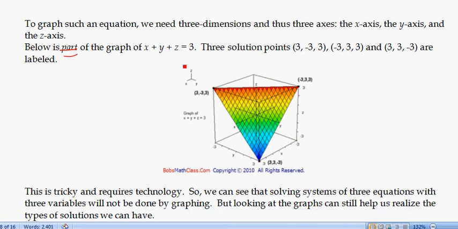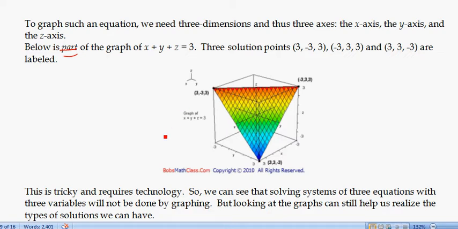Likewise here, if we tried to draw the plane, we would have everything shaded in and we couldn't really see much. So we're just going to take one little clip of it. If we were to cut the three-dimensional axes into a cube, the part that would be of the solution plane would be this triangle. So the three solution points, (3, -3, 3), (-3, 3, 3), and (3, 3, -3), are all plotted right here. We can see them, and then just connected with a plane.